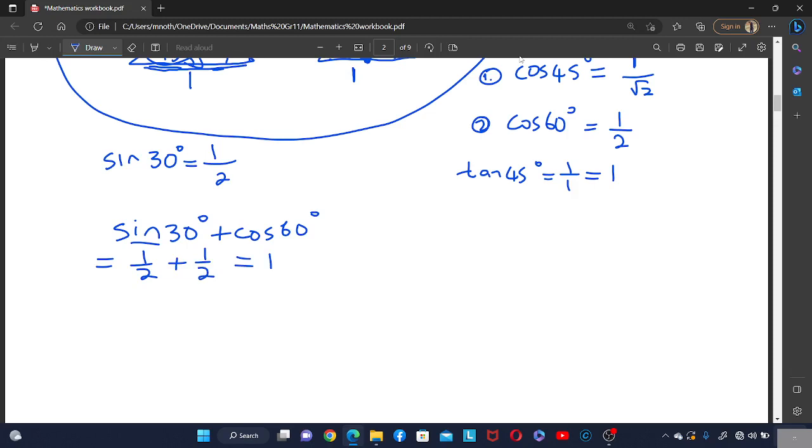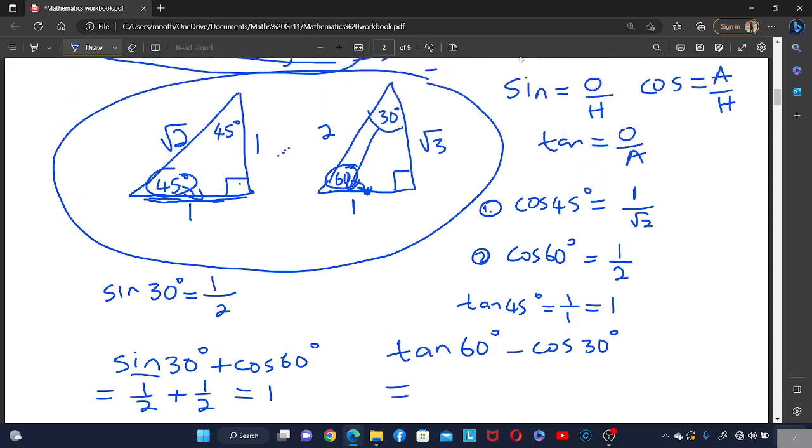Then the next one, we are told to find tan 60 degrees minus cos 30 degrees. Tan is opposite over adjacent.